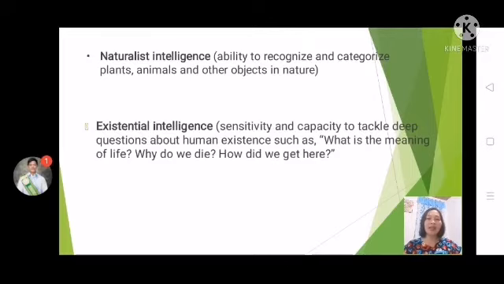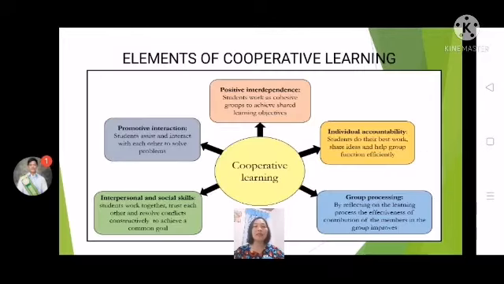The next slide is about the elements of cooperative learning. The elements of cooperative learning are positive interdependence, promotive interaction, individual accountability, interpersonal and social skills, and the last is group processing.